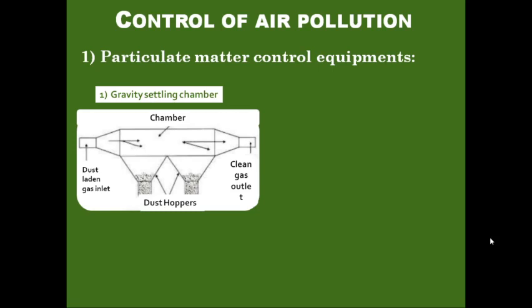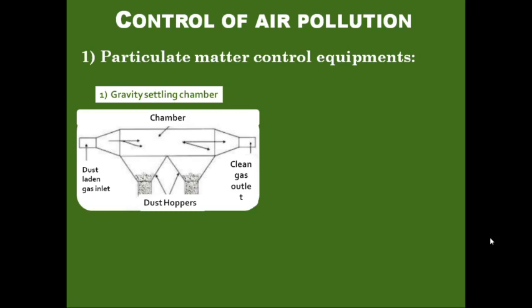One end of this chamber is fixed as the inlet point from where the polluted air is allowed to enter inside the chamber. The rear end of this chamber is called the outlet point from where the clean gas will come after separation of solids inside this chamber.